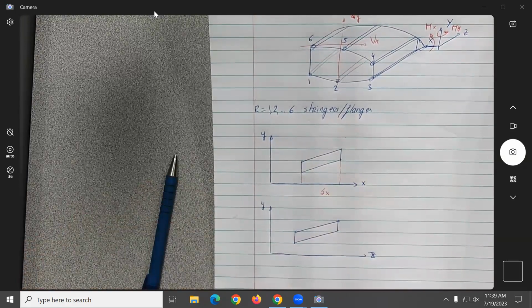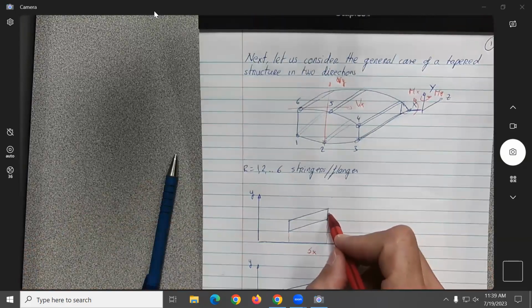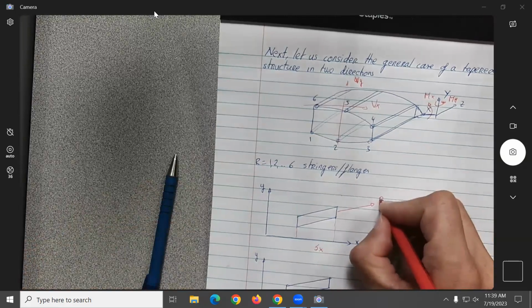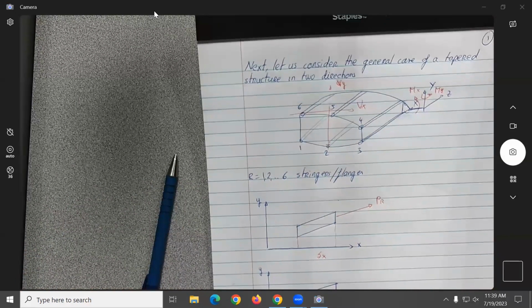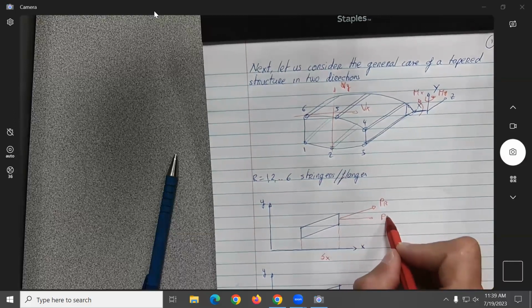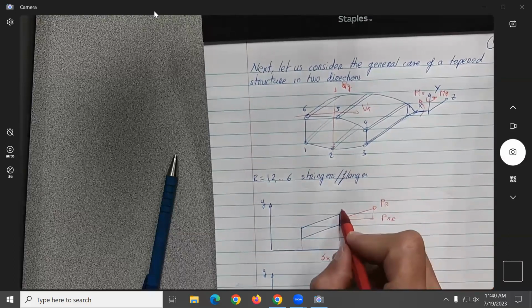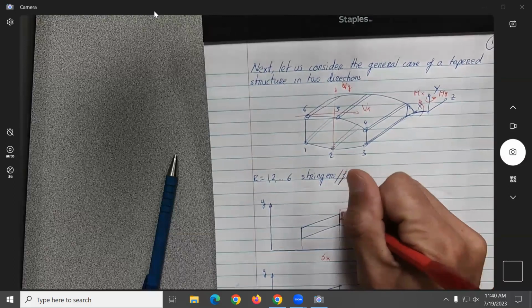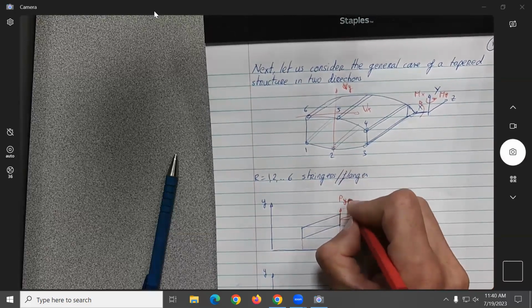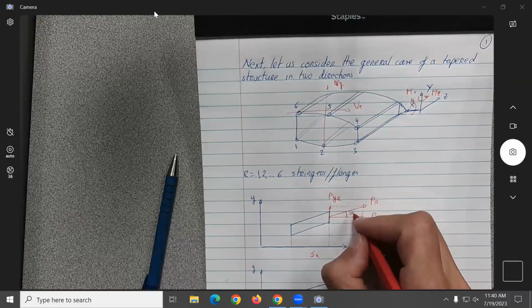Lambda x. Okay, so here we have the force will be BR. We have here a px sub r. We'll have here a py sub r.